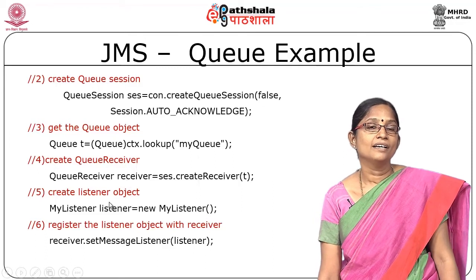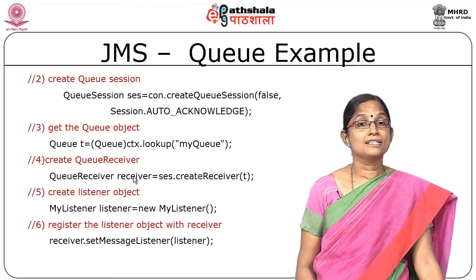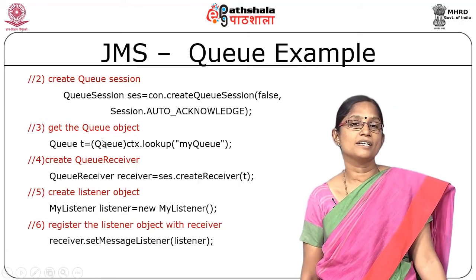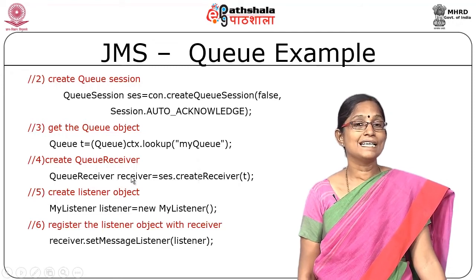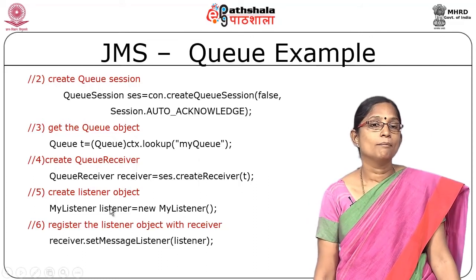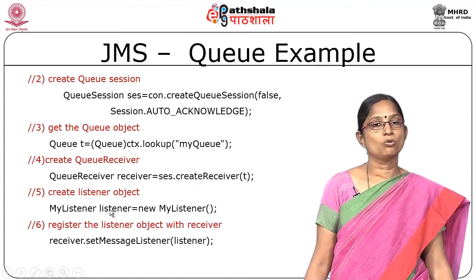Now, if it is a synchronous communication, directly we can call the receive method over the receiver object. Here we are going to follow the asynchronous mode of communication. So what we do is create a message listener. Earlier we have studied that if we want to follow asynchronous mode of communication, then we have to create a message listener.